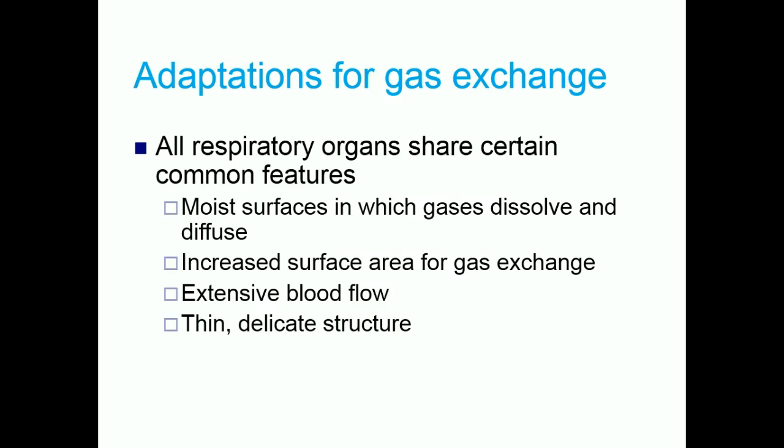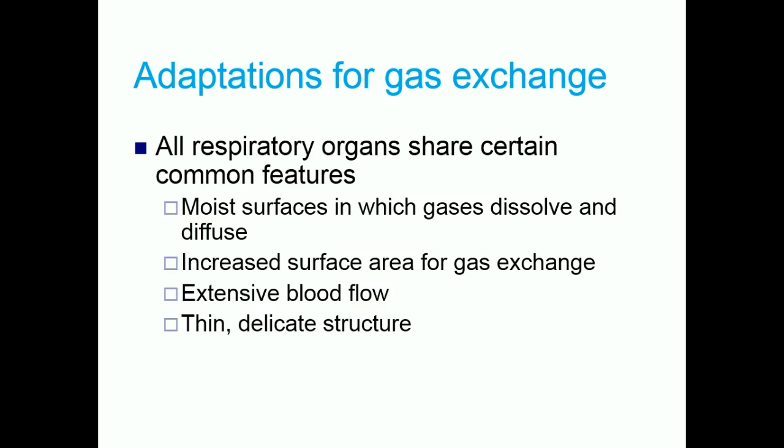Now, this is a no-brainer for aquatic animals. Of course, they have a moist surface. I mean, they're in the water. But this is also true for terrestrial animals. All terrestrial animals have a moist surface, as we will see later when we discuss the mammalian lung.